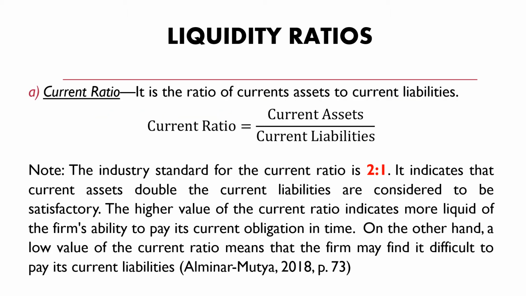The current ratio. It is the ratio of current assets to current liabilities. So the formula will be current assets divided by total current liabilities. Take note that the industry standard for the current ratio is 2:1.